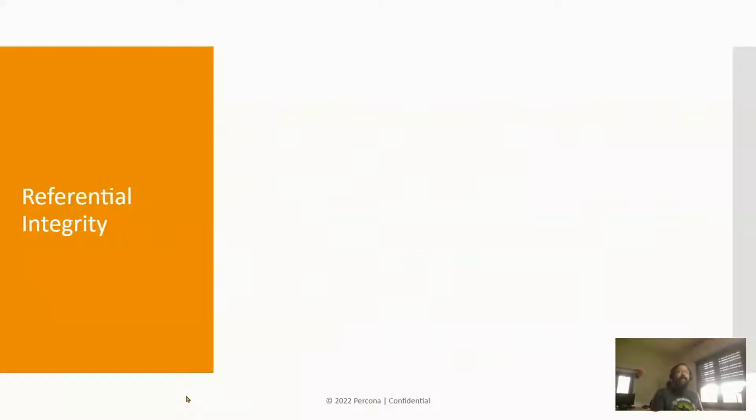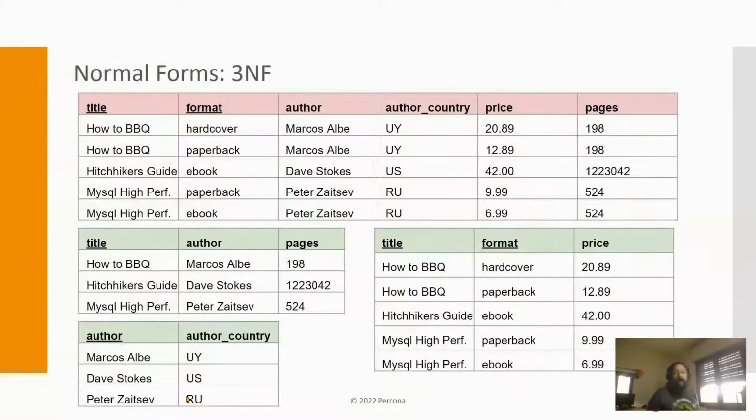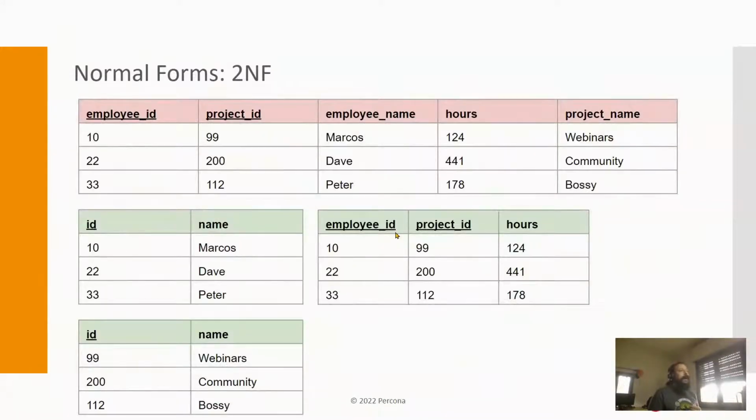Referential integrity. Well, first of all, let's say what a reference is. When we were looking here, we said, okay, I can have my employee ID and refer to it on the employees table. And I can have my project ID and refer to it on my projects table.